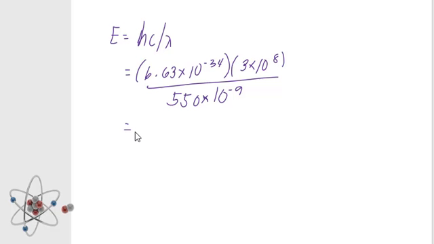So we have 6.63 times 10 to negative 34 times 3 times 10 to the 8 divided by 550 times 10 to the negative 9. The answer here will be 3.6 times 10 to negative 19 joules.